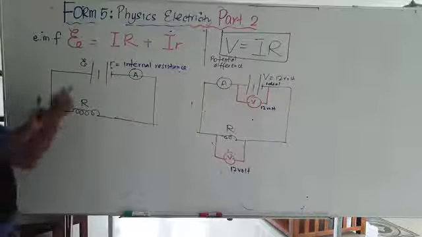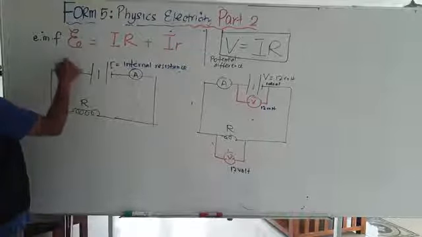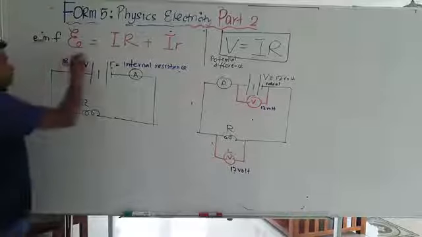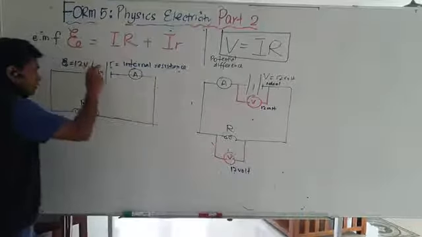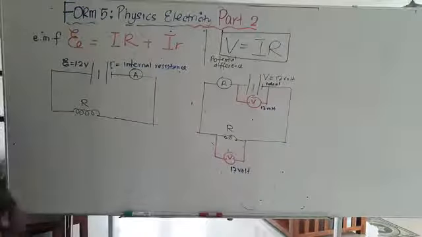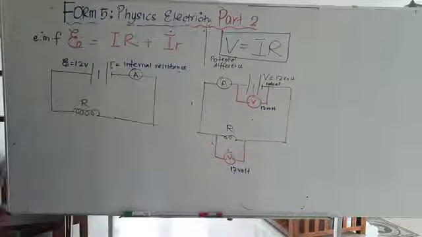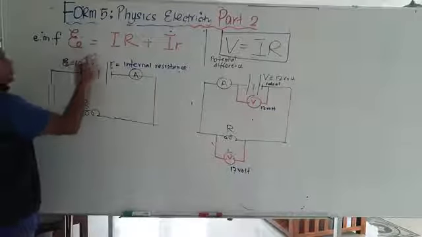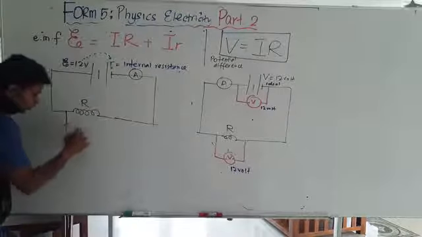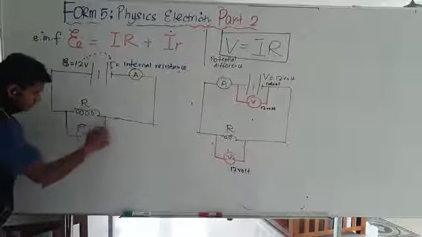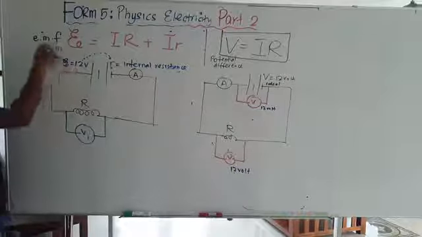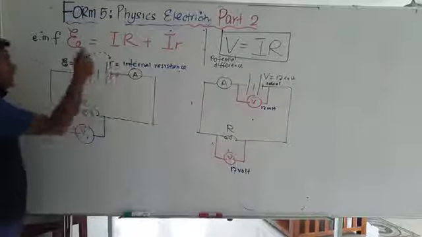Now, in this case, assuming the E is 12 volt. So part of the 12 volt will be used up inside the battery because the voltage is needed by this resistor, the internal resistance. You get it? Which means part of it is being used up here, and whatever balance remains will be supplied here. So you will see that if you connect a voltmeter here, it will not show 12 because part of it has been used inside.